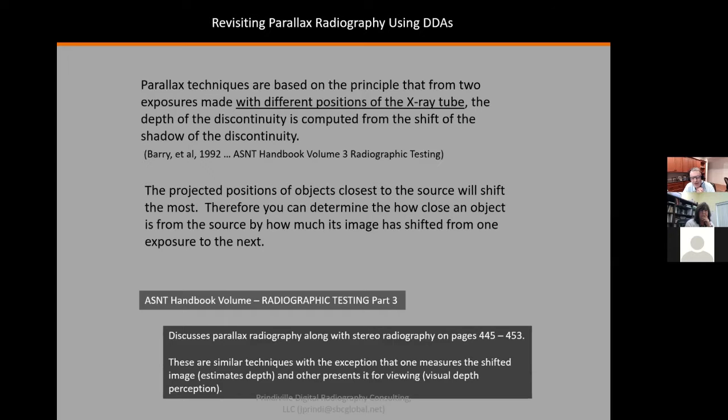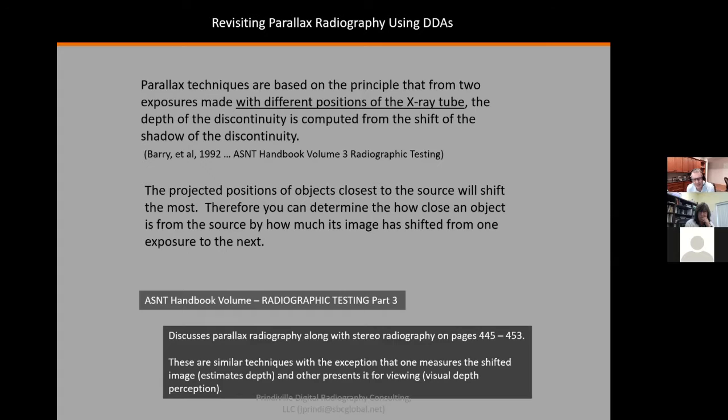You can find good references to this in the ASNT Handbook, Volume 3, the new one that came out maybe a few months ago. The projected positions of the object closest to the source will shift the most. Therefore, you can determine how close an object is from the source by how much its image has shifted from one exposure to the next. These are discussed in pages 445 to 453 of Volume 3.